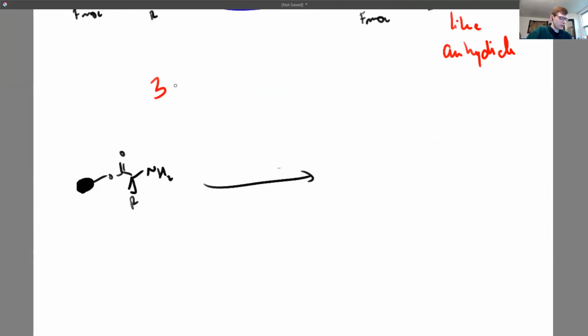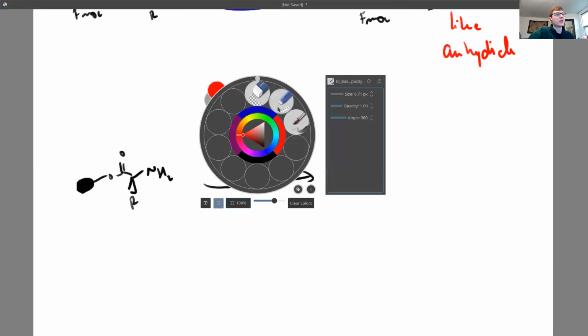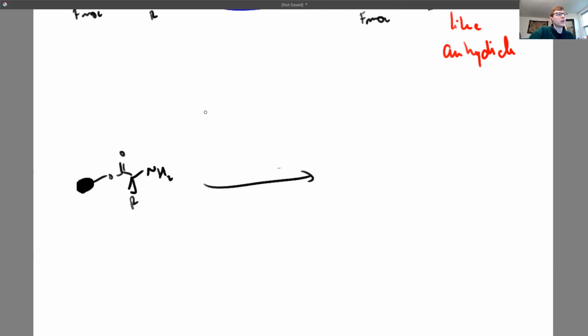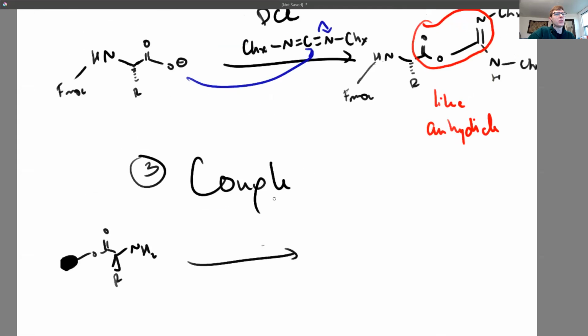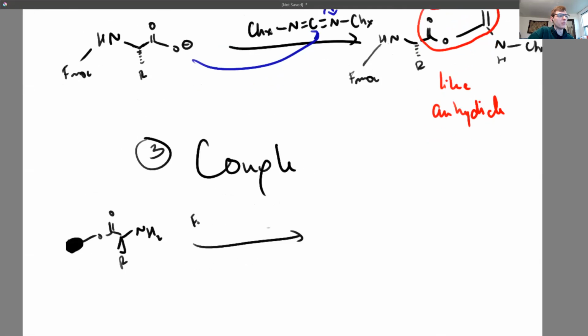And so for our last step, step 3, we couple them. Now we add these two things. So this is an N and a cyclohexyl, and here's an NH-cyclohexyl.